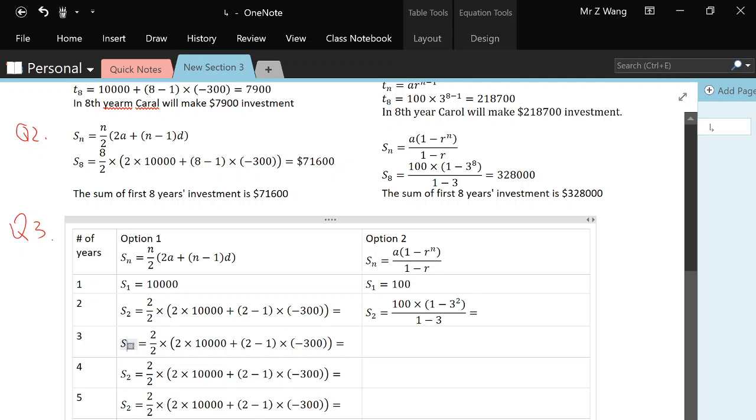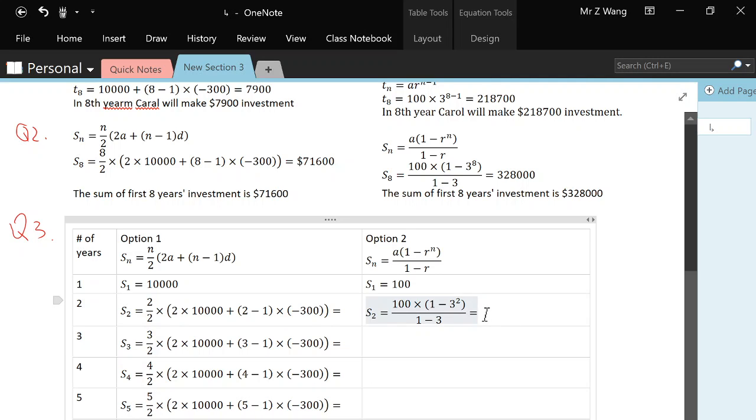This is no longer 2, this is 3, 3, 3, 4, 4, 4, 5, 5, 5.